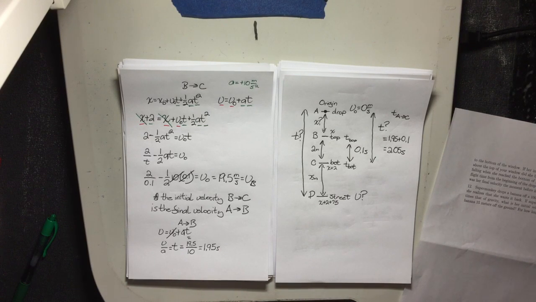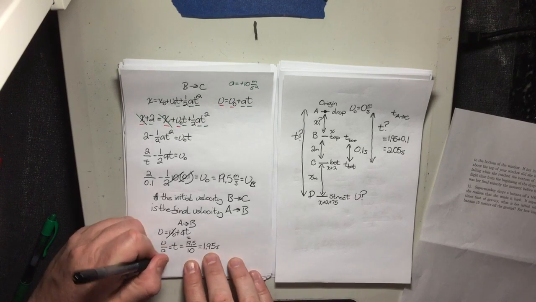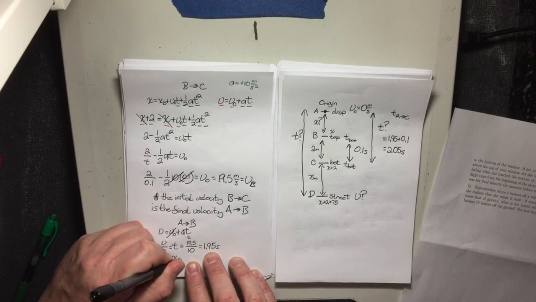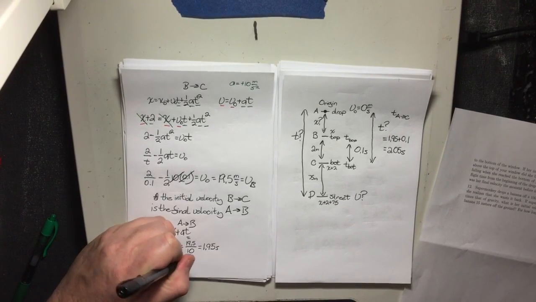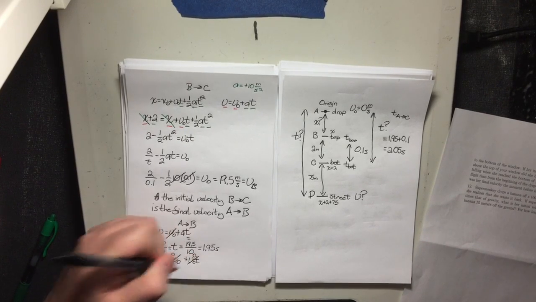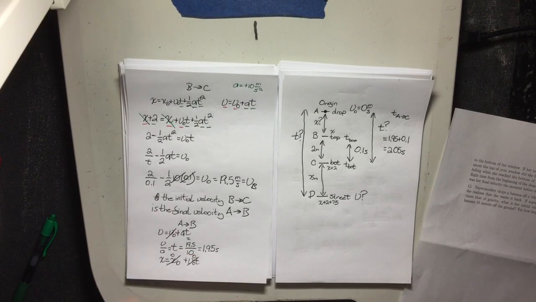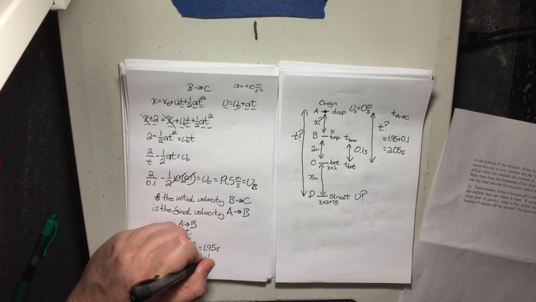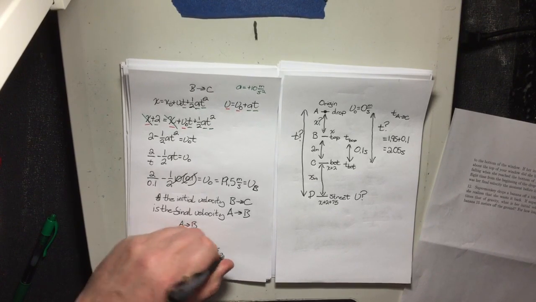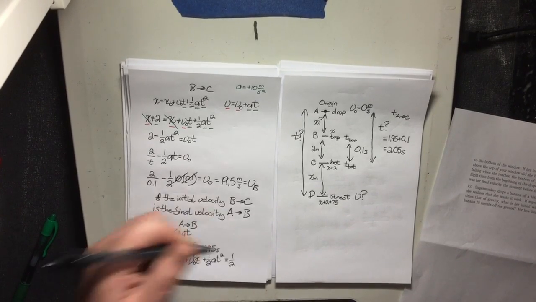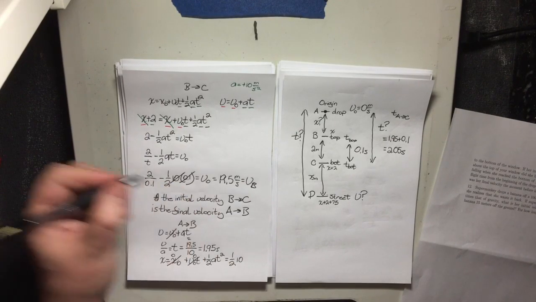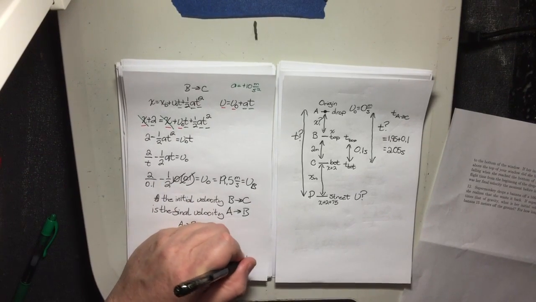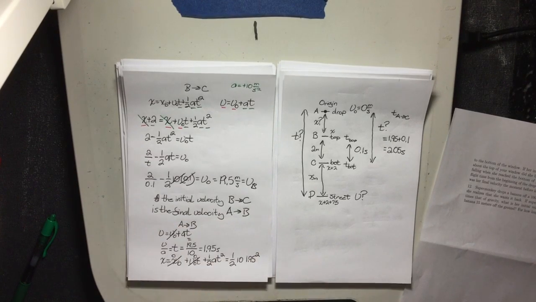Now that you know the time that it took for her to fall from A to B, you can easily calculate that distance. x equals x naught, well, that's the origin of the whole problem, or 0, plus v naught t, she was initially dropped, so that's 0 as well, plus 1/2 a t squared. 1/2 times 10 times 1.95 squared.